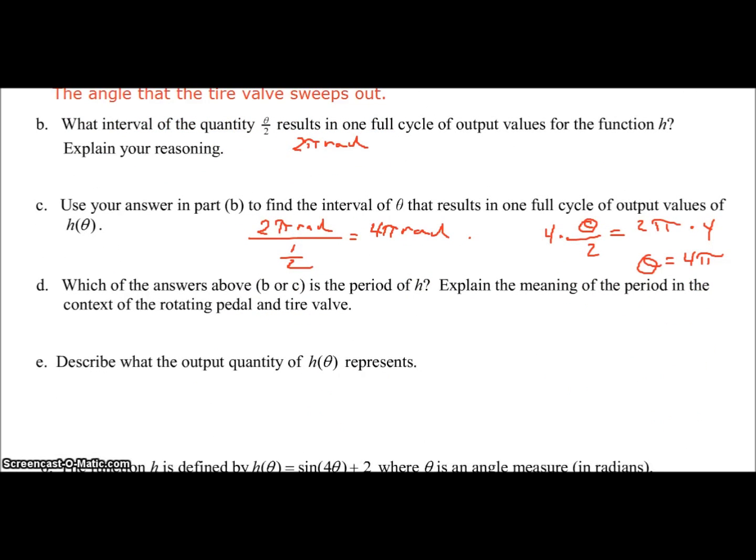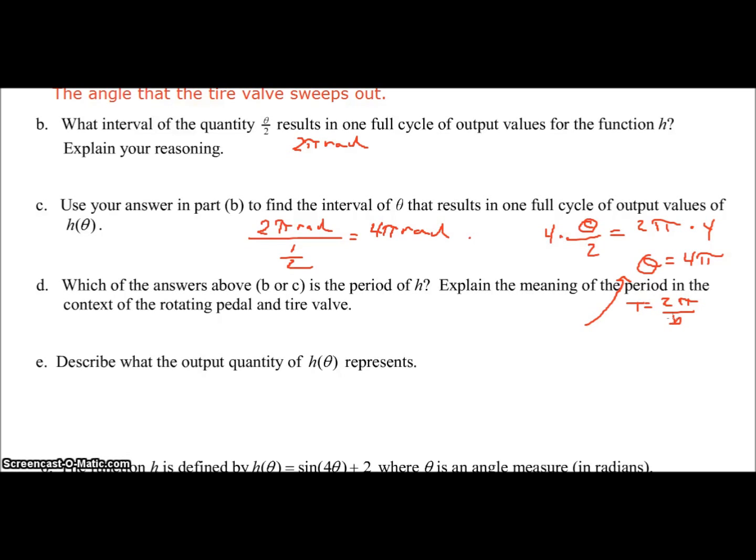Which of the answers above, B or C, is the period of h? I think the period of h is 4 pi. I remember that period is always just 2 pi over b, where b is the coefficient of the theta term.